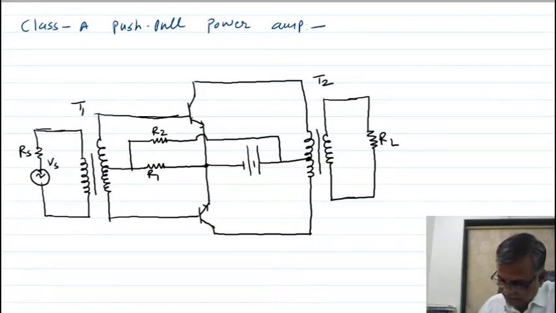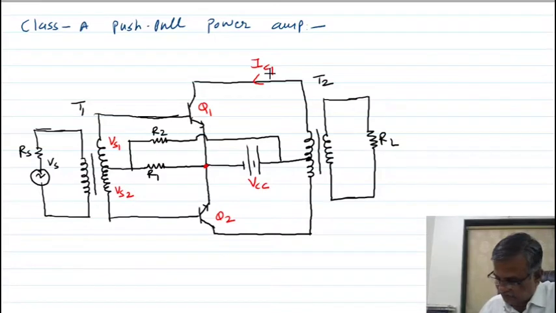Now this is your VS1, VS2, transistor Q1, Q2, VCC, and these are the connections. Here current will flow in this direction, IC1. Here current will flow in this direction, IC2. This is IC1, IC2.